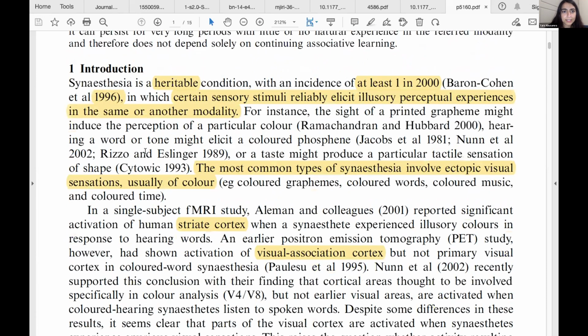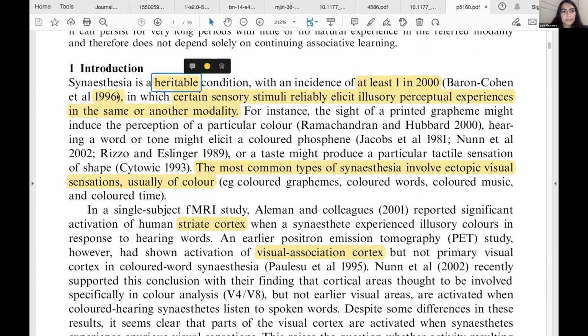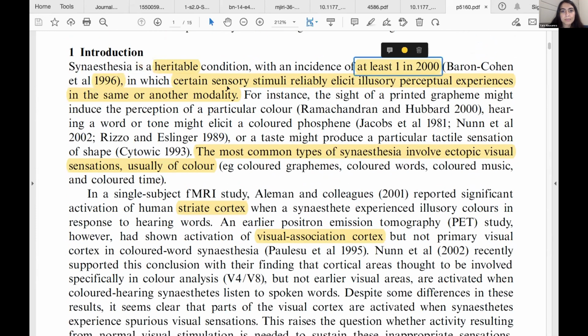The condition is thought to be heritable, and as of 1996 it was as prevalent as 1 in 2,000 people.